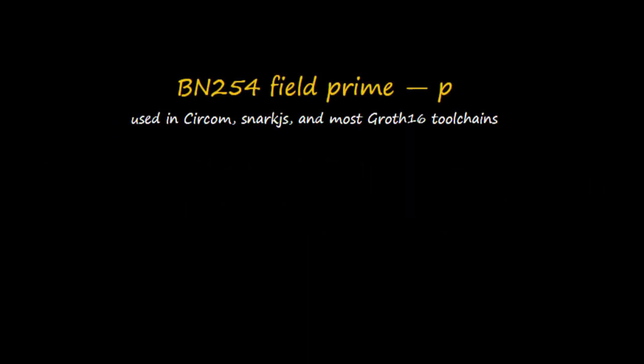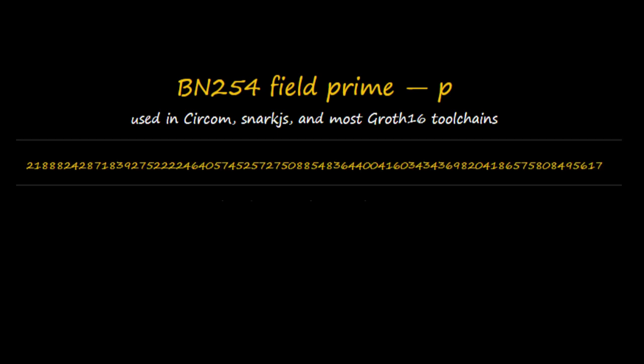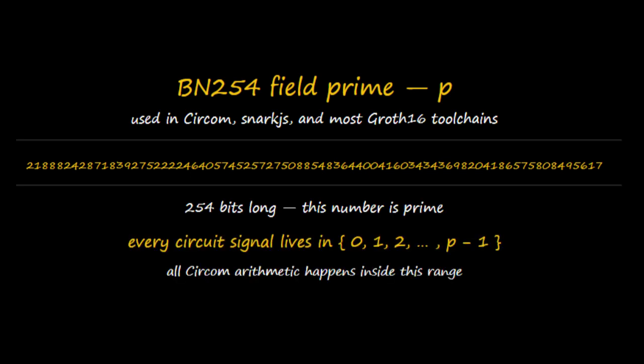The BN254. The curve that Circom uses by default is called BN254, and at the heart of this curve is a very large prime number, we call it P. You can see it on the screen. It is 254 bits long and it is prime. Every single calculation inside the Circom circuit, every signal, every constraint, every arithmetic operation, all of it happens inside this prime.